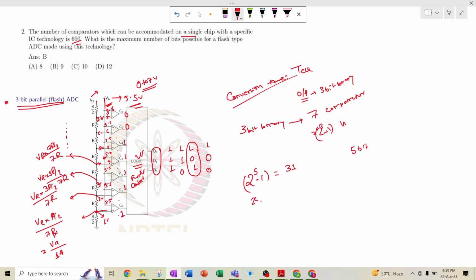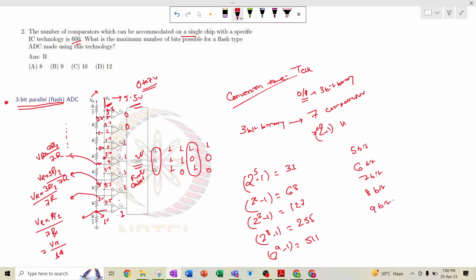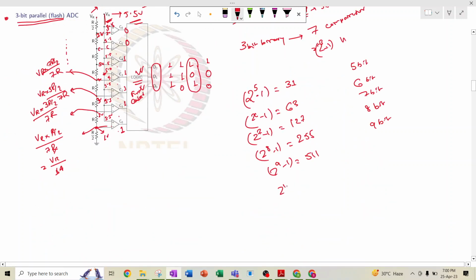If we do 2 to the power 6 minus 1, that is 64 minus 1, 63, so it is 6 bit. 2 to the power 7 minus 1 is 128 minus 1, 127, so it is 7 bit. 2 to the power 8 minus 1 is 256 minus 1, 255, so it is 8 bit. 2 to the power 9 minus 1 is 511, so it is 9 bit. And 2 to the power 10 minus 1 is 1024 minus 1, 1023, so it is 10 bit.